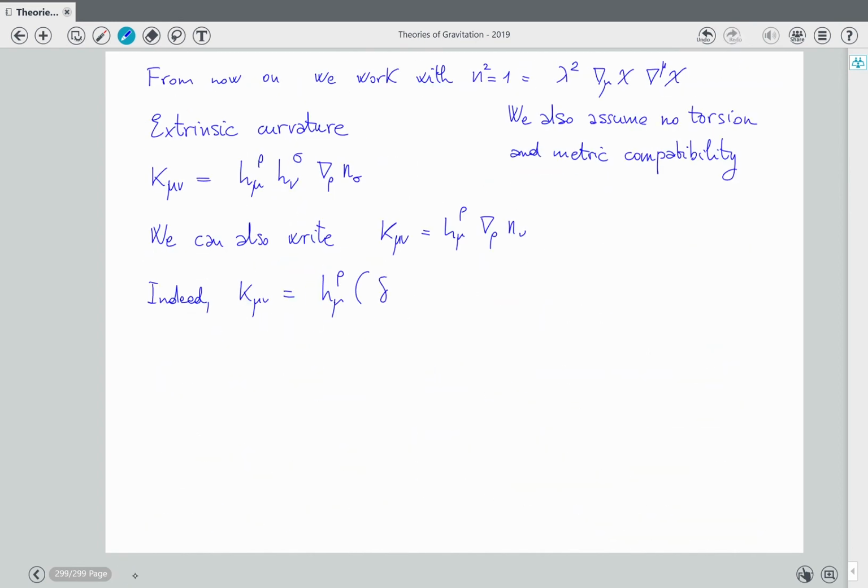So this is (delta_nu^sigma minus n_nu n^sigma) times partial_rho n_sigma. And we can drop the second piece and we remain with what we want.